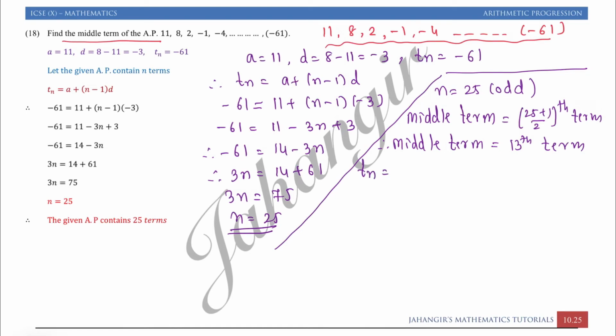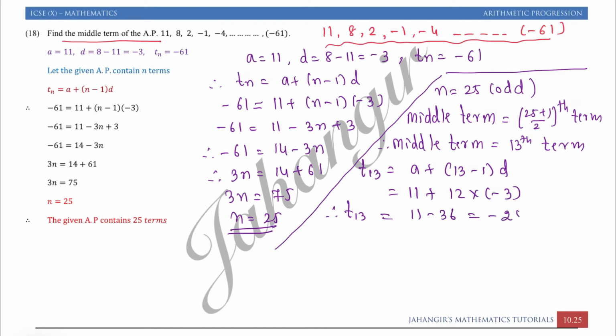The Tn formula we all know, so we will just write T13, which is A plus (13 minus 1) into D. So here my A is 11 plus 12 into D, which is minus 3. So 11 minus 36. So therefore T13 is equal to 11 minus 36, which is minus 25. So therefore the middle term is equal to minus 25. This is an important question. Mark this as important.